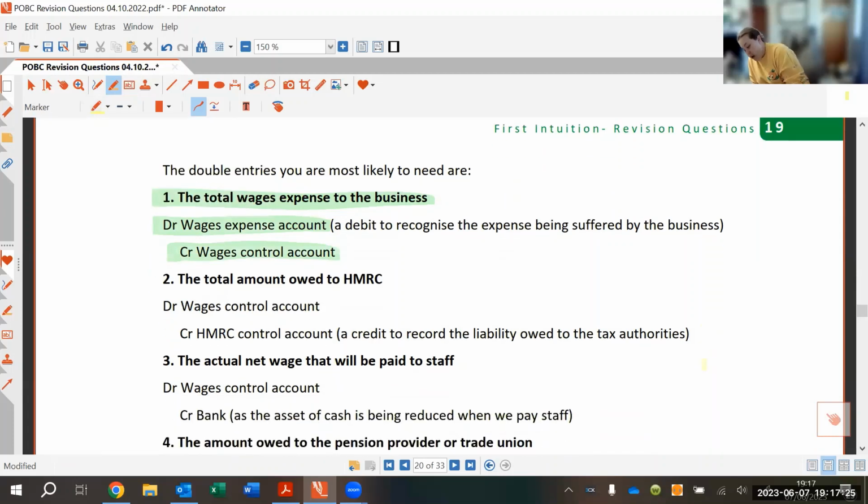We then need to worry about what HMRC needs, and this is where we start to push things out of the wages control account into the other liability accounts that we have. So we take the amount that we've worked out is going to HMRC, it's going to go out of wages control as a debit and into the HMRC liability account or the HMRC control account, whatever they give you.